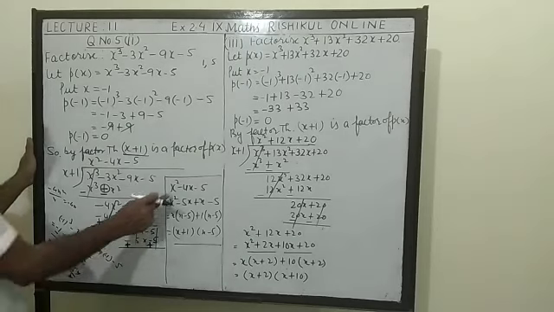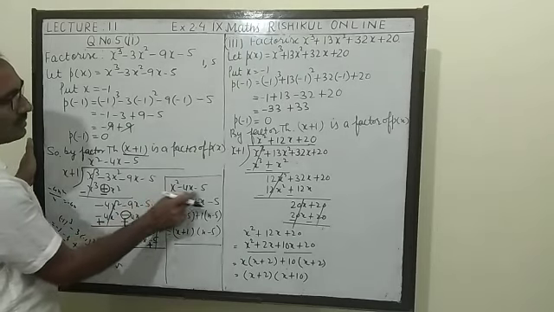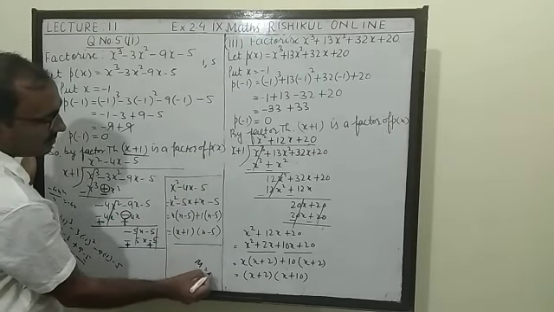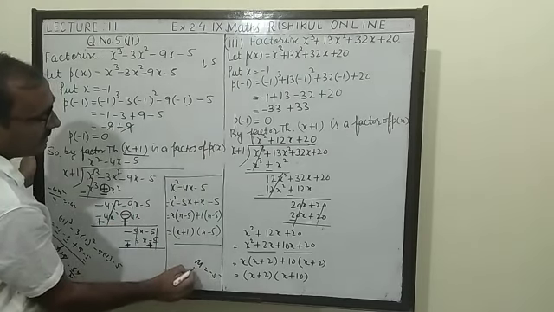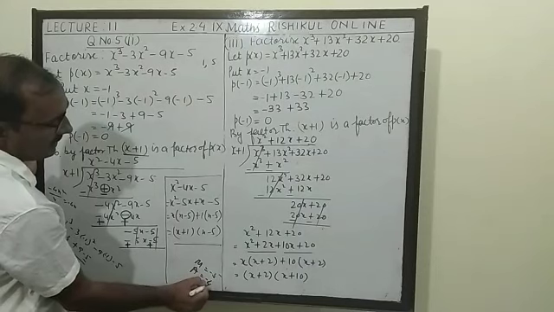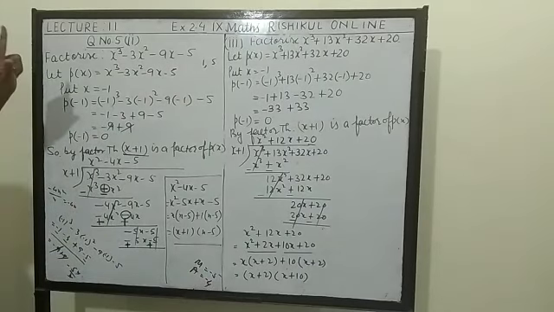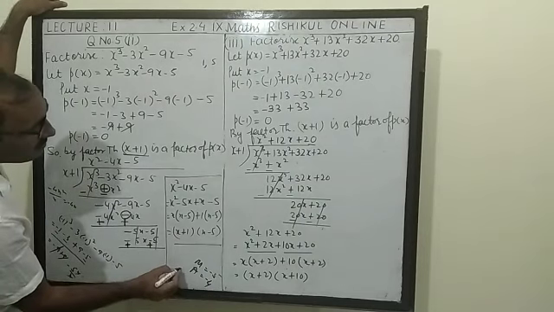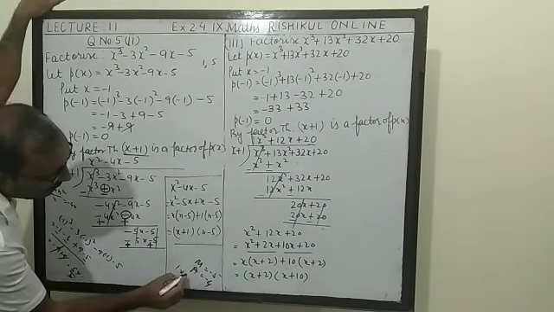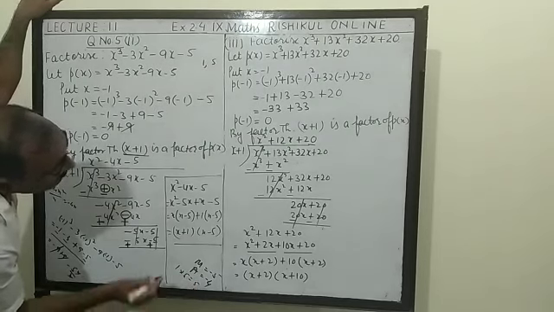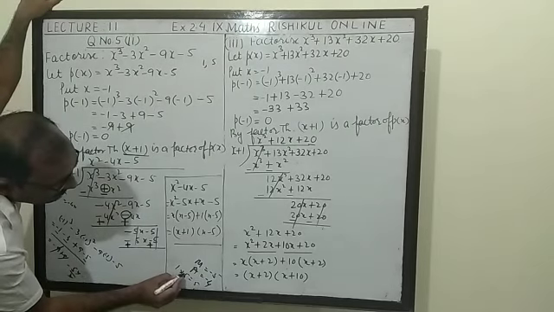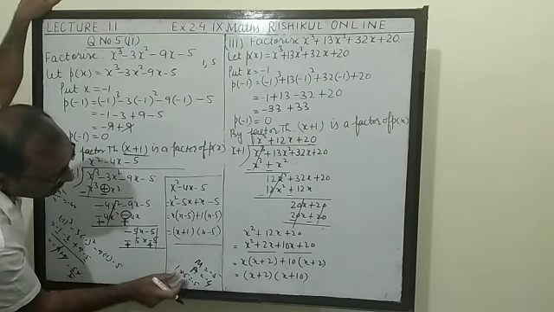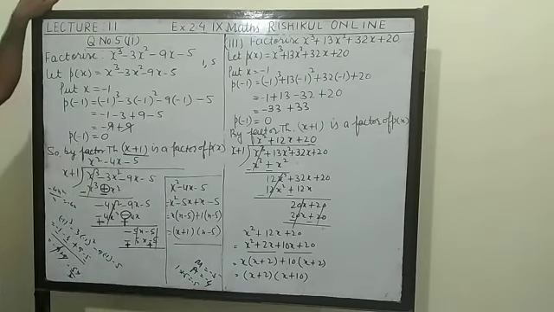You take the coefficient of x square, 1, into minus 5. The product will be minus 5 and the addition will be minus 4, as I had told in lecture number 10. Factors of 5 are 1 and 5, and if you take minus 5 and 1, addition will be minus 4 and multiplication will be minus 5.